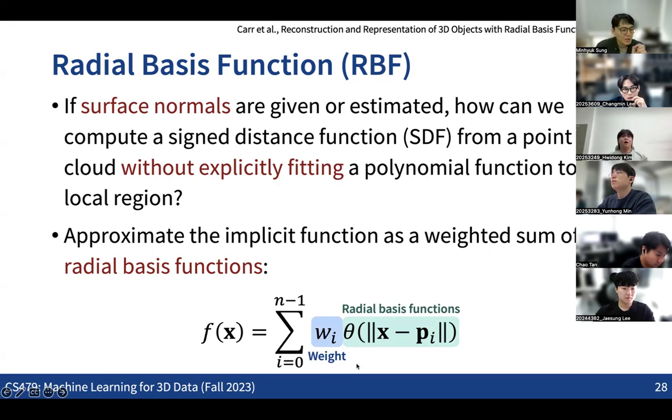One small difference is that now this radial basis function is not a weighting function. So it doesn't need to be high when some other point is close to the query point. We can consider using any kind of radial kernels.